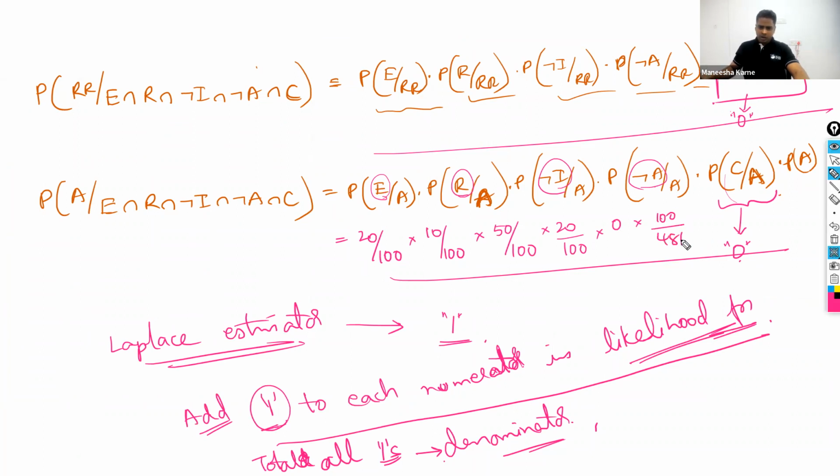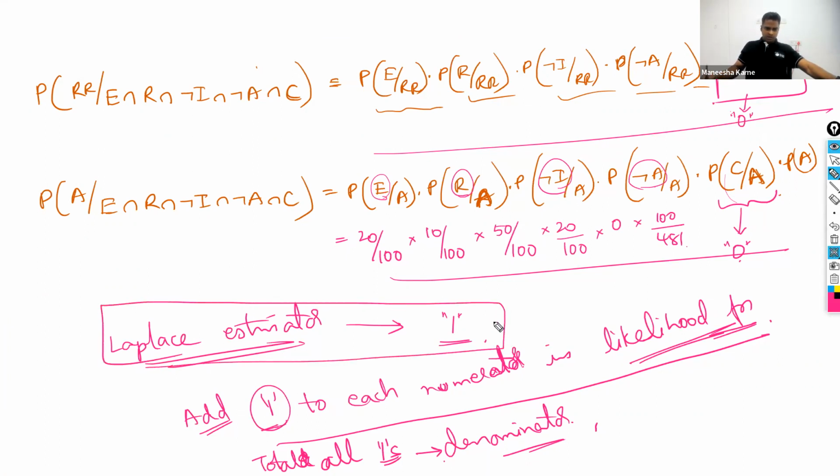Okay. Now, when you have new words which were not part of your training data, you would have got the result as 0. Now, in order to avoid that, what did we do? We discussed Laplace. When you say Laplace equal to 1, what it ideally does is add 1 to each numerator in the likelihood and divide by the total number of all the ones.